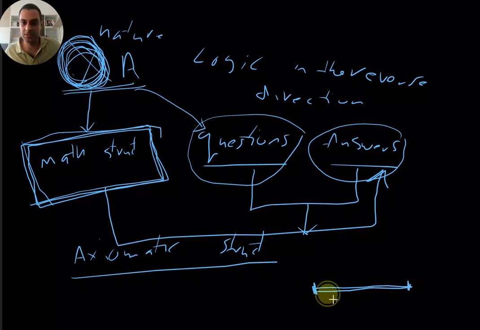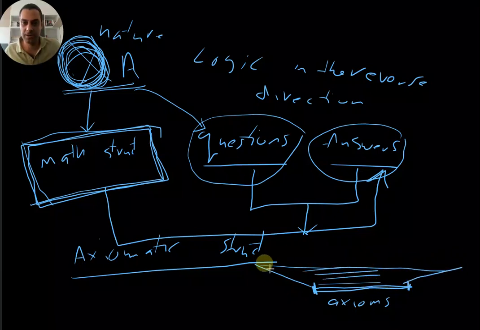These are axioms, and you eventually produce some structure on top of it, and this structure contains some expressions A, B, C, something.